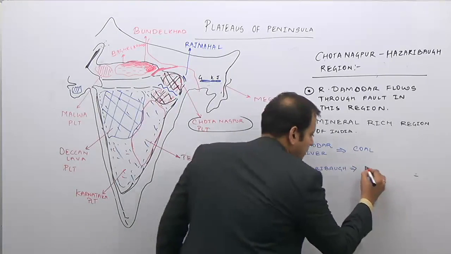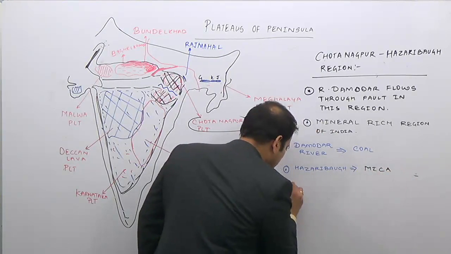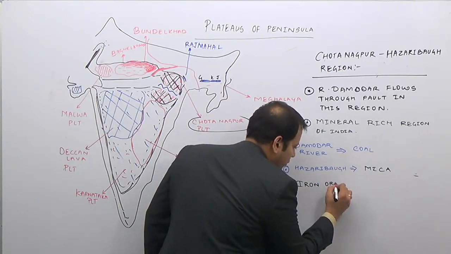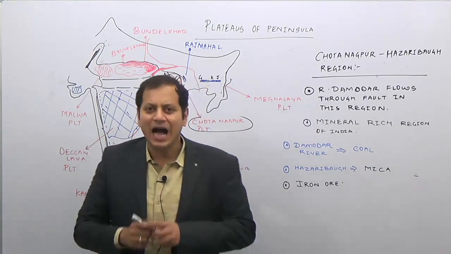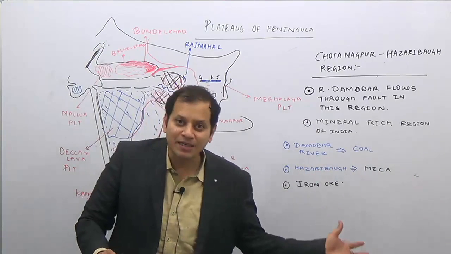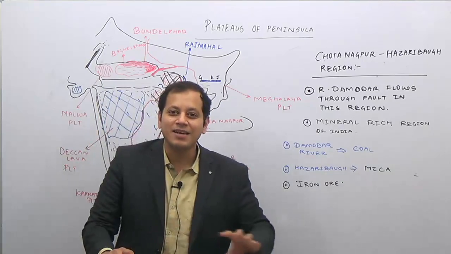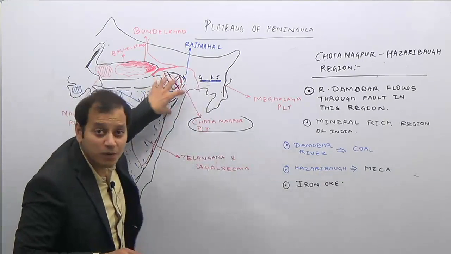So the Hazaribagh Plateau region is famous for mica. Even this region is famous for iron ore. So you are getting coal, a power resource, and iron ore, a raw material, and therefore iron and steel industries are located here in the Chota Nagpur Plateau region.